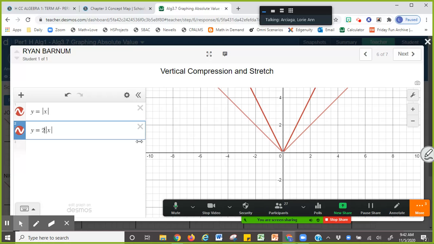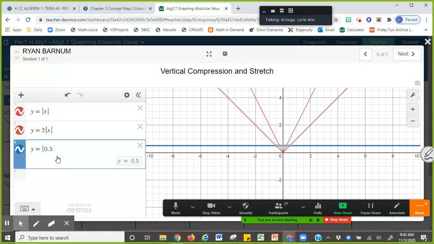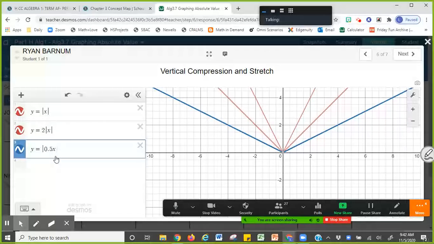How do you make it wider? So let's say y equals absolute value of, to make it wider, substitute, let's say, a fraction. See the blue one? We don't see a fraction, but it's a decimal, right? 0.5. Okay.